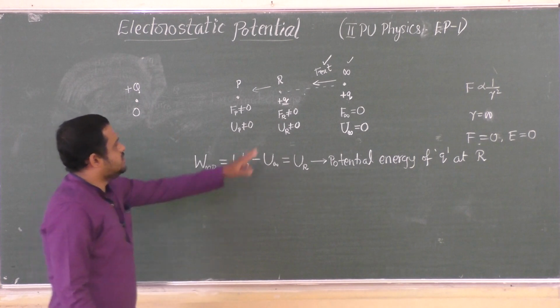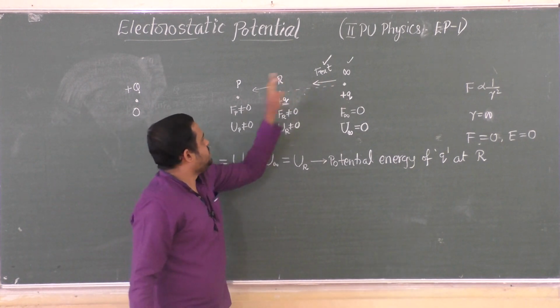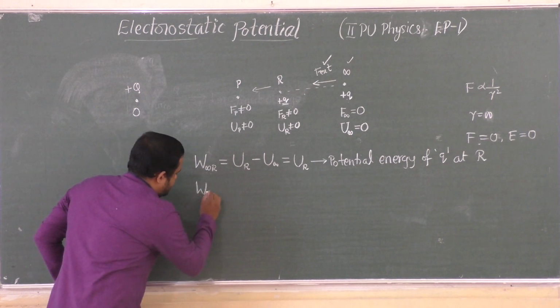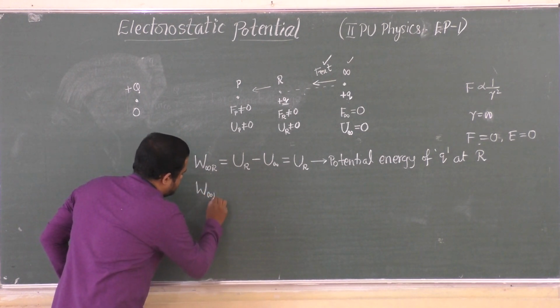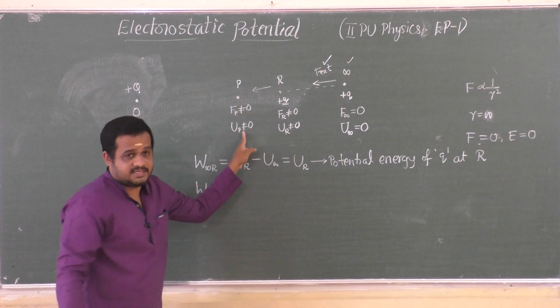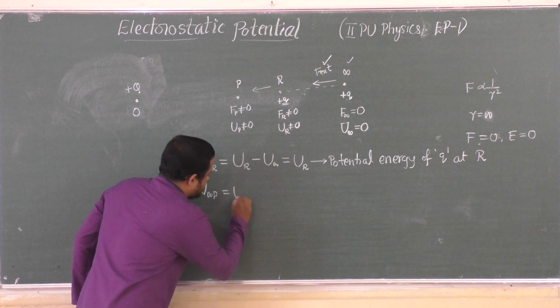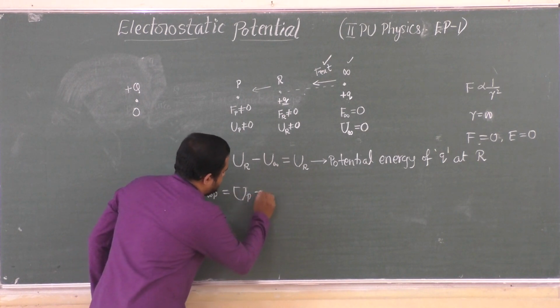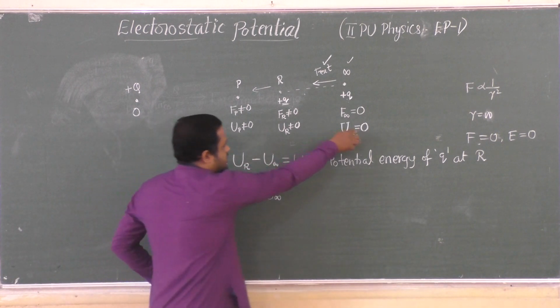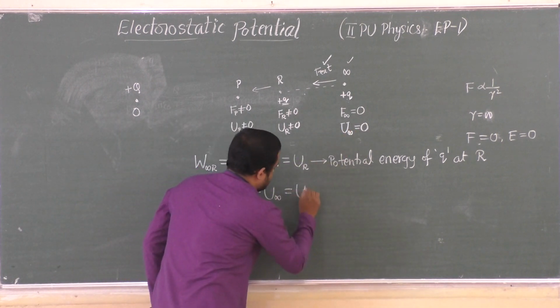Similarly, if you consider these 2 points, infinity and point P, the amount of work done in shifting the charge from infinity to point P can be written as, now the final point is P and the potential energy at that point is UP. So potential energy at P minus potential energy at the starting point, that is U infinity, but U infinity is equal to 0, therefore it is equal to UP.